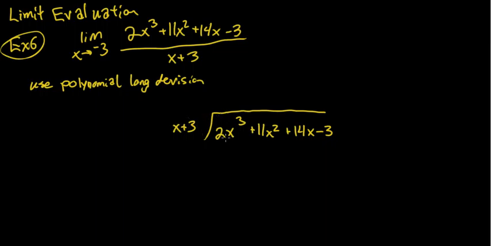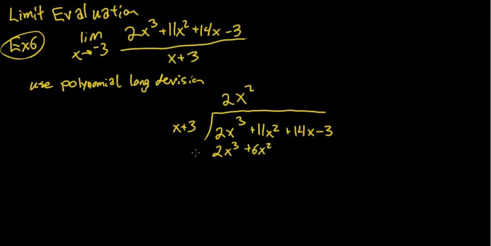So x goes into 2x cubed. For the coefficients, 1 goes into 2 two times, so 2, and we also need an x squared up here. Well, 2x squared times x is 2x cubed, and 2x squared times 3 is 6x squared.